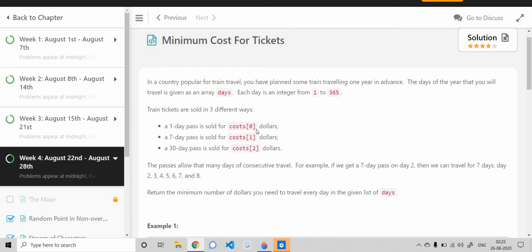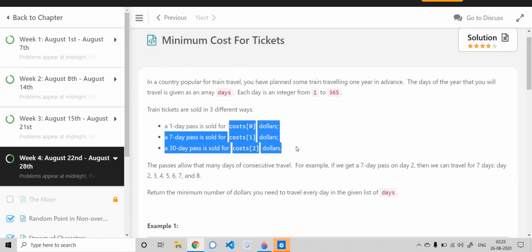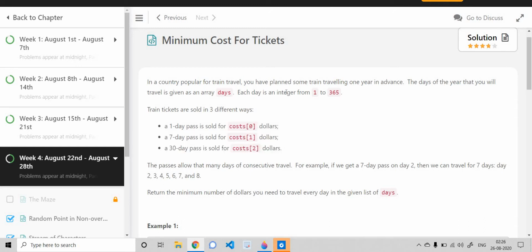There are three types of tickets we can buy: a 1-day pass, a 7-day pass, or a 30-day pass, covering consecutive days, and we have the respective costs mentioned here. And yes, there would be 365 days in that year.